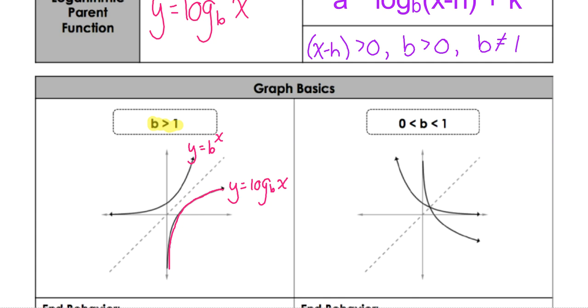Then on the other side here, we have the graphs for b values greater than 0 but smaller than 1, so decimals or fractions between 0 and 1. In these cases, same idea. If you remember from exponentials, exponential decay is where that b value is less than 1, so it's getting smaller, closer to that asymptote at 0.